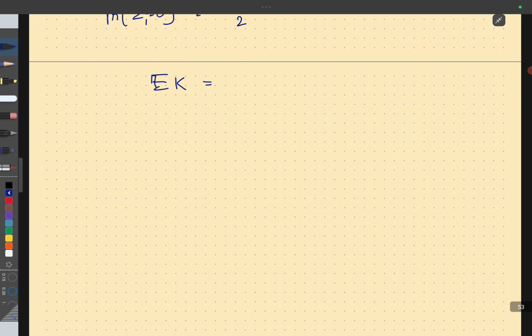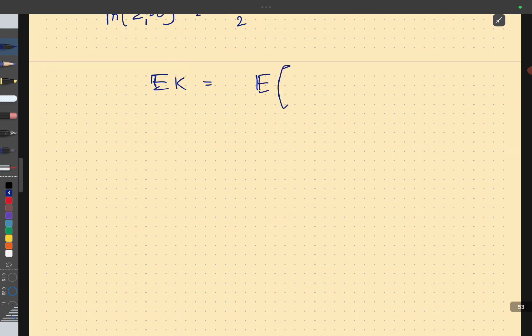Here it's 2 into p into 1 minus p. So in this case, how many valid zi's do you generate? When do you generate valid zi's from the xj's? When you get either 0, 1 or 1, 0. So basically you can write this as an expectation.